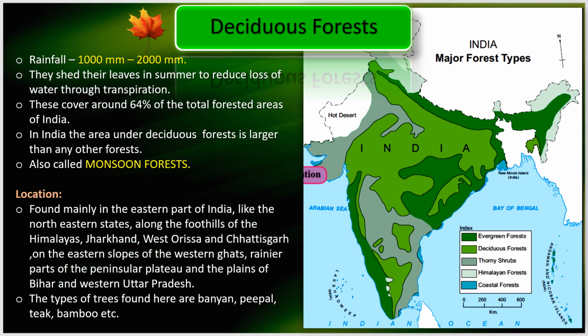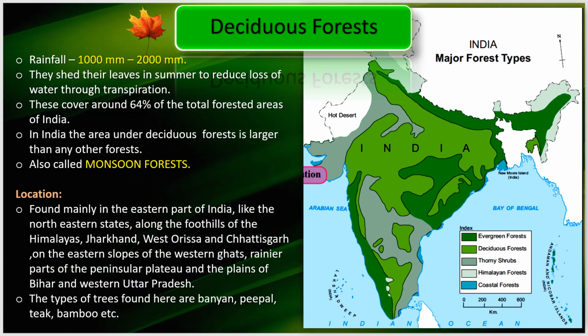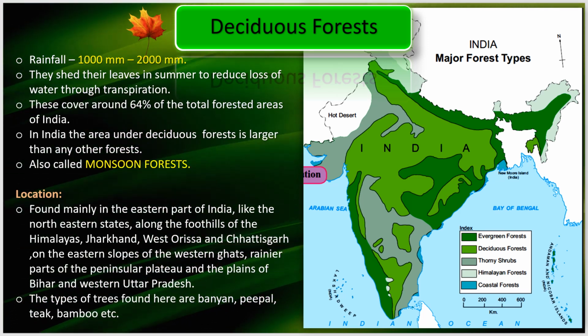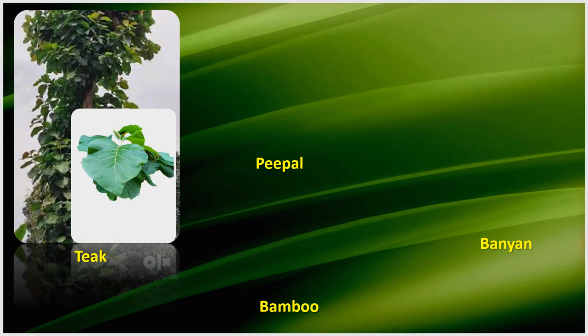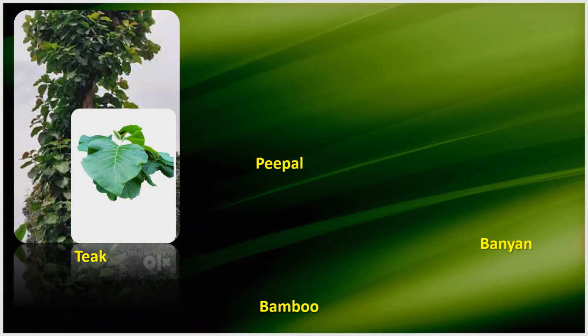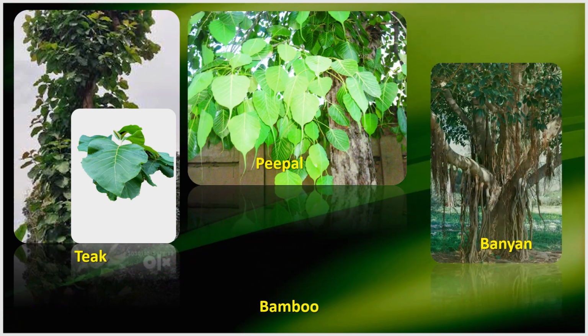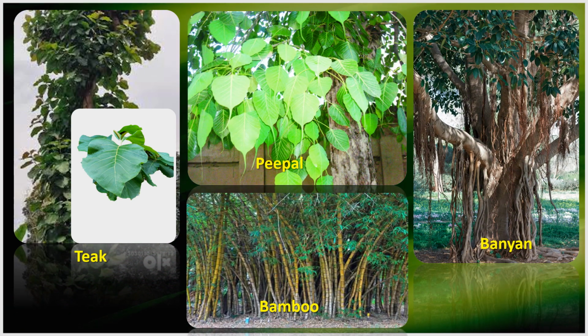The type of trees found here are banyan, peepal, teak, bamboo, etc. The trees found in these areas are teak, peepal, banyan, bamboo. Then we have sandalwood, jackfruit, and other trees as well.